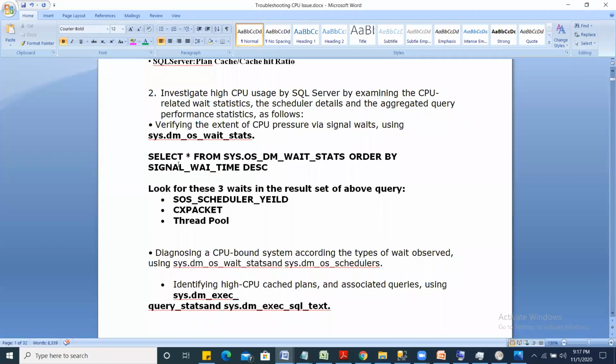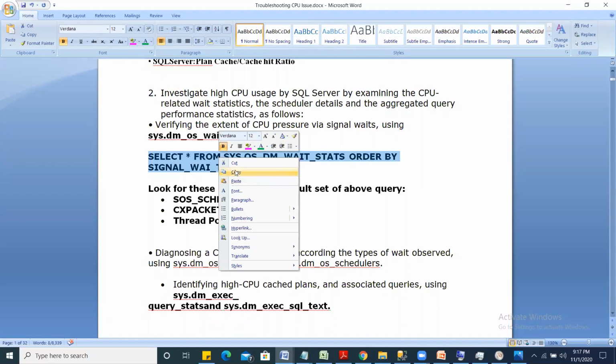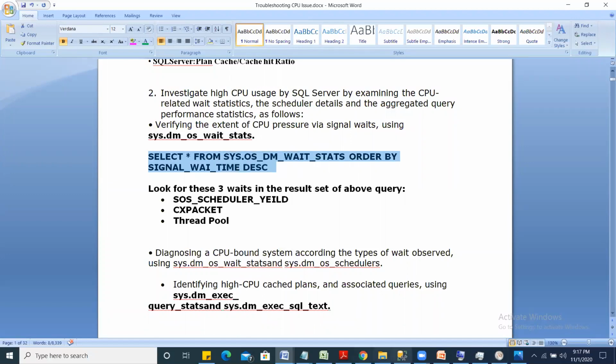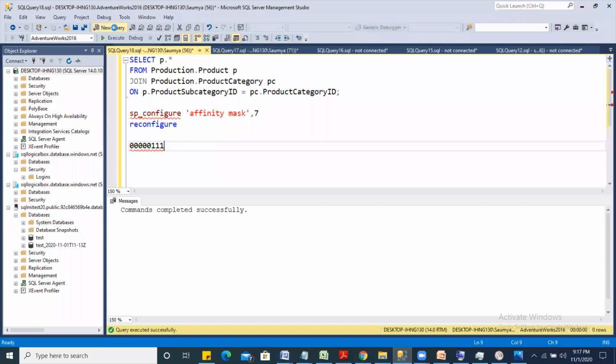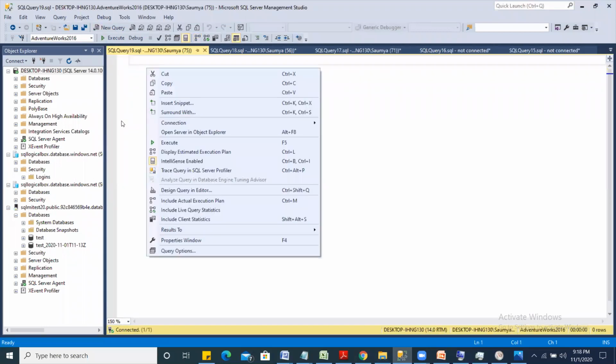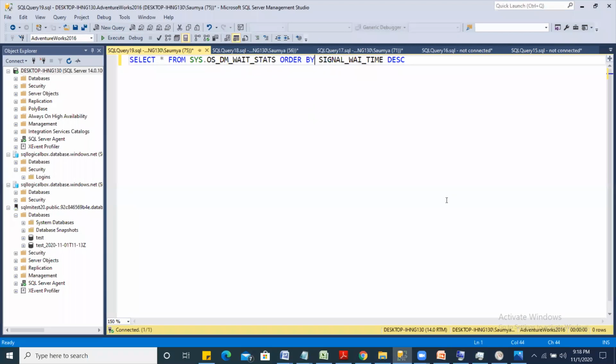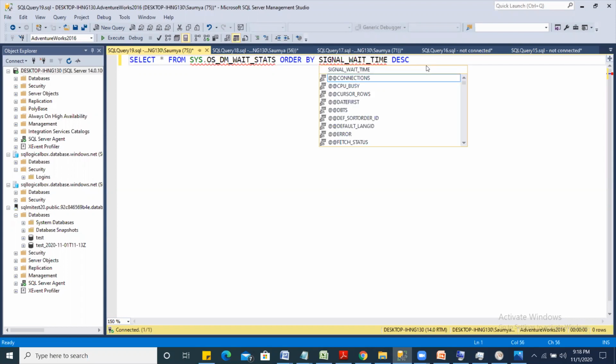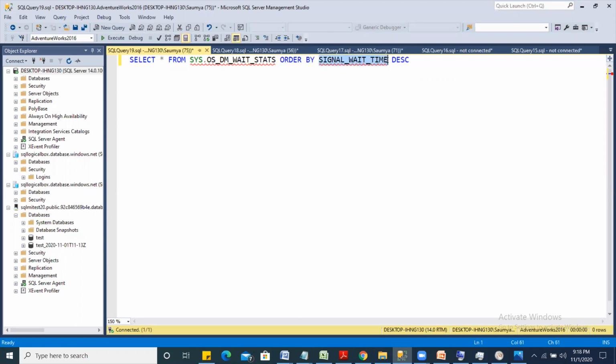Now let us start to analyze the waits. Once we confirm that SQL Server is utilizing the maximum CPU time, then we have to analyze the waits, right? So select star from sys.dm_os_wait_stats, ordered by wait_time_ms.